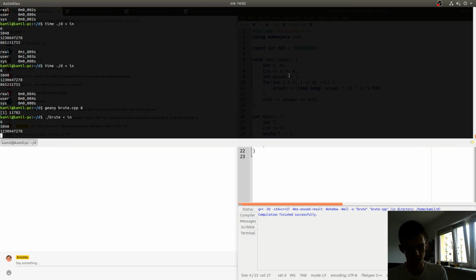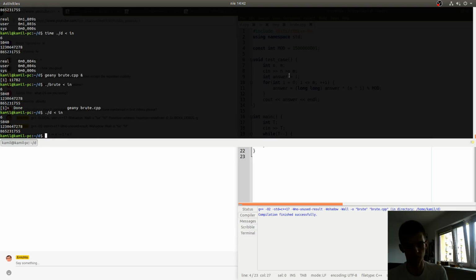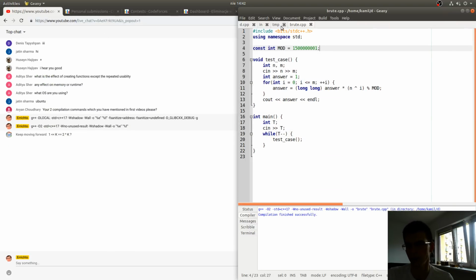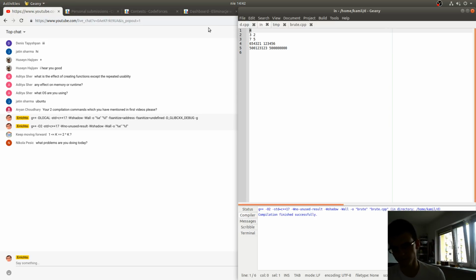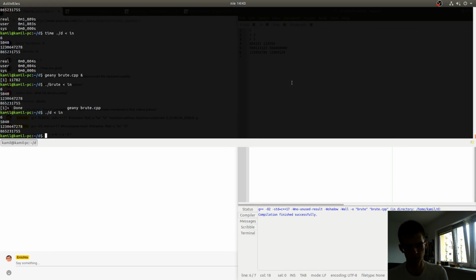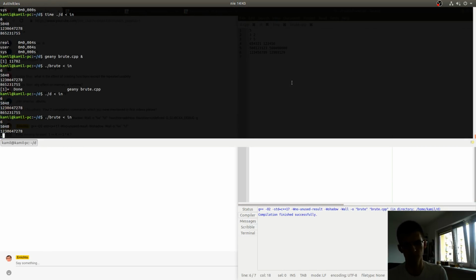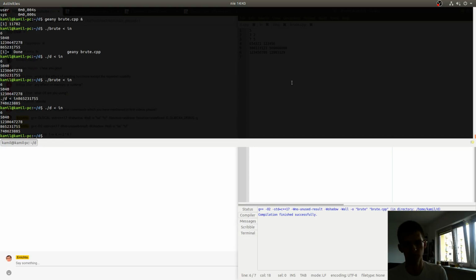I can run it on the sample test to make sure it's okay. Yes, it is. And I can add some more tests here. For example, maybe n equal to 100 million and m equal to whatever. Is it the same? Yes, it's the same.